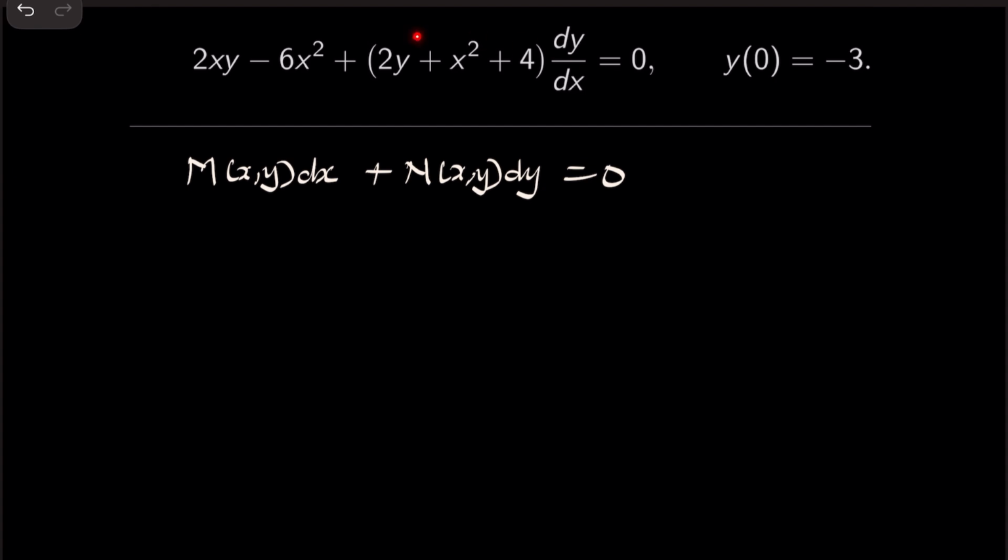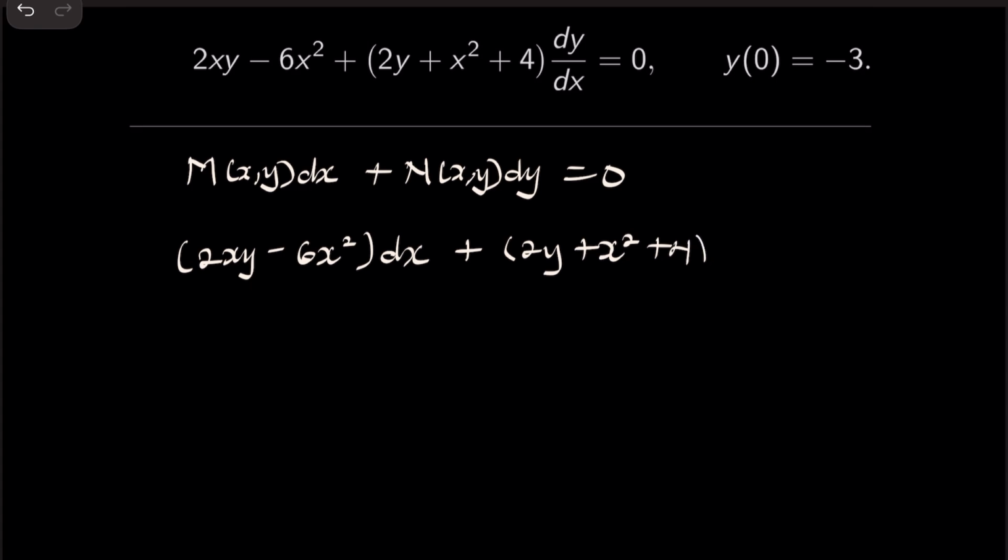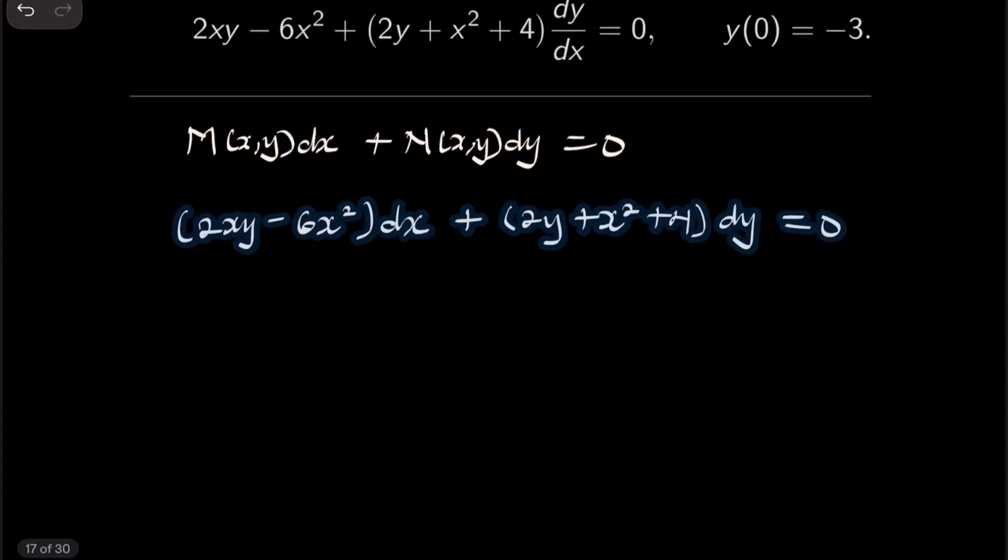And so here we need to multiply through by dx in order to get it in this form. And so we are going to have (2xy minus 6x squared) dx plus (2y plus x squared plus 4) dy is equal to 0. And so we compare this given differential equation to the standard form.